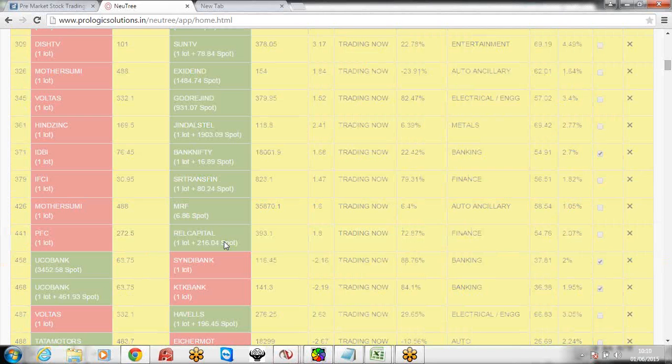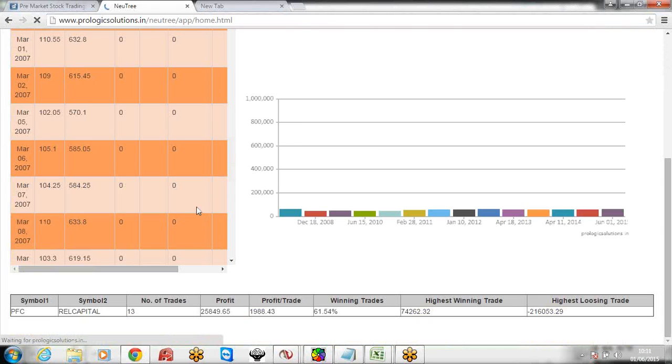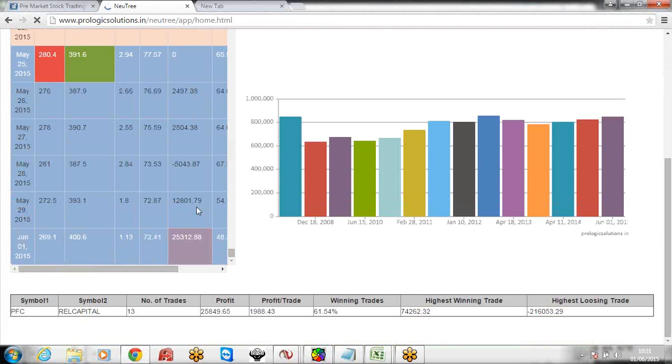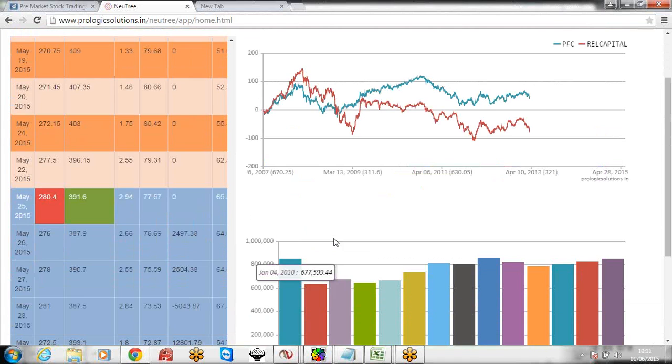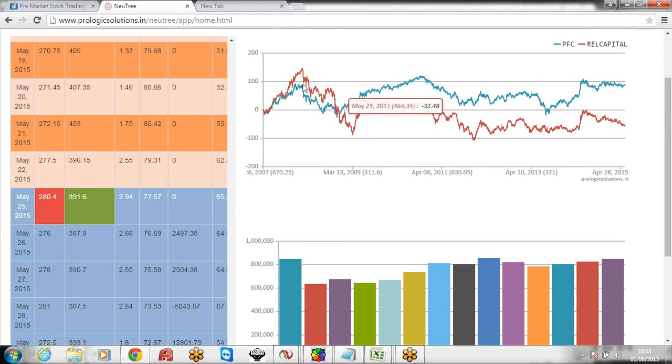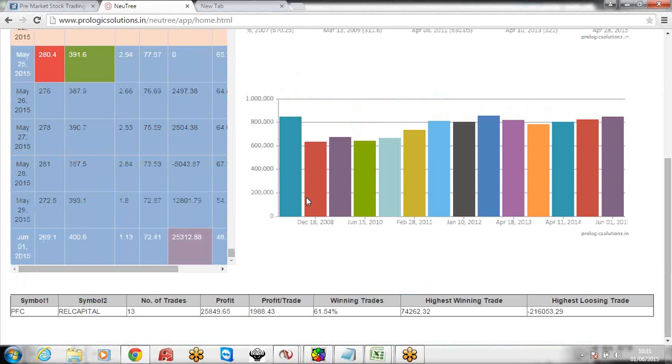There is a sell call in IOB 1. So that's PFC and Reliance Capital for the last few days. So 1, 2, 3, 4, 5, a five-day trade. It has already given you 25,000 rupees profit on one particular trade.